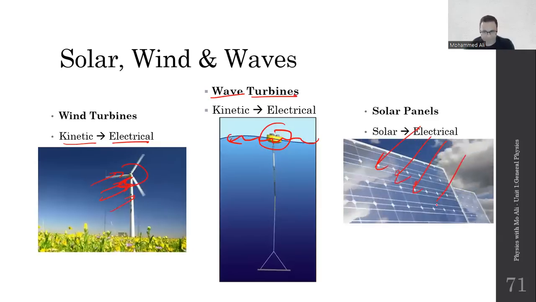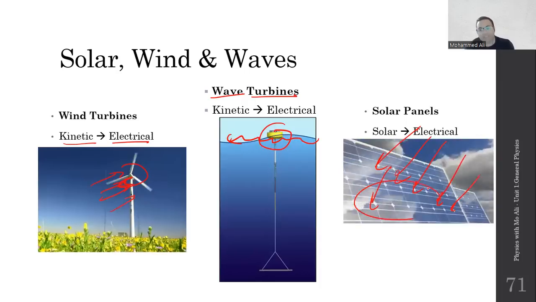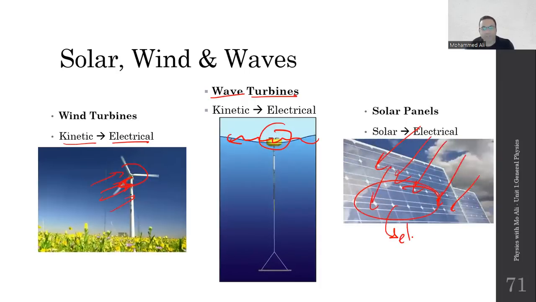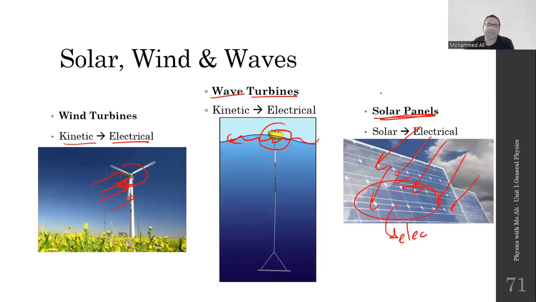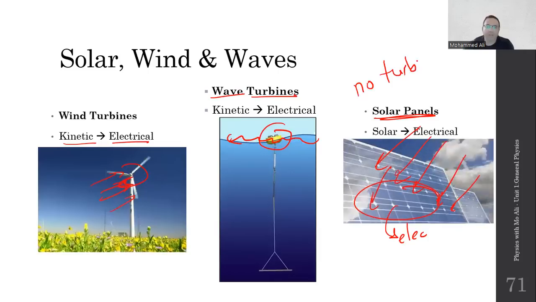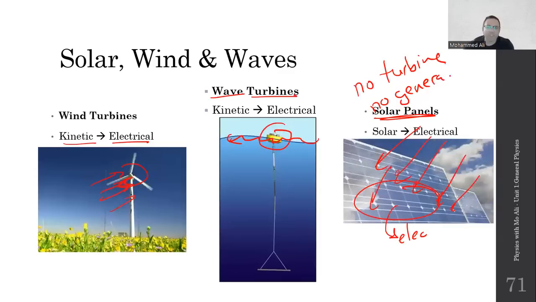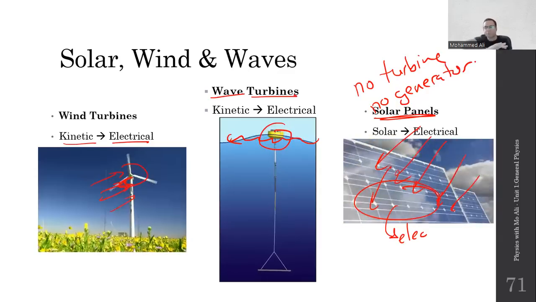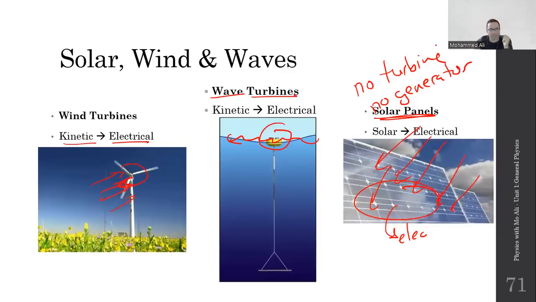You've got light from the sun that hits these panels, and they immediately convert it to electrical energy. You'll notice that solar panels are the only method of generating electricity with no turbine and no generator, meaning there are no moving parts. It's purely a plate which produces electricity using light right away.